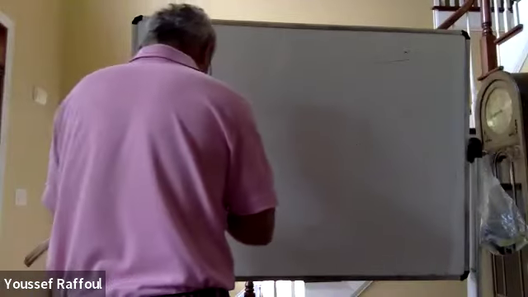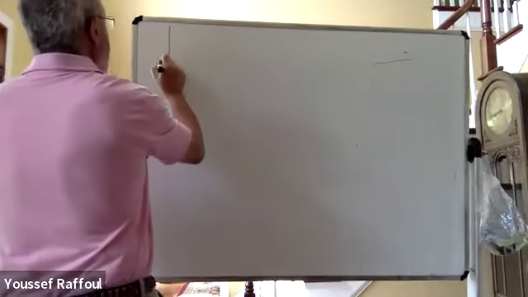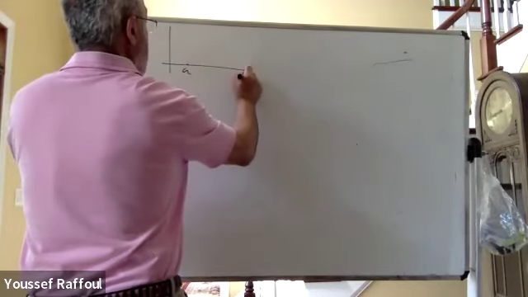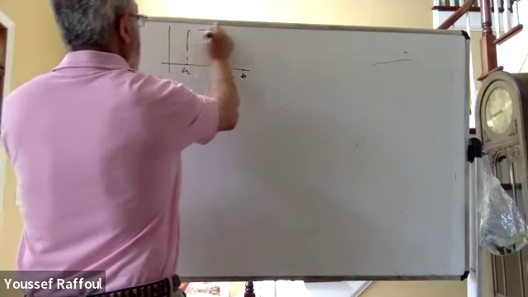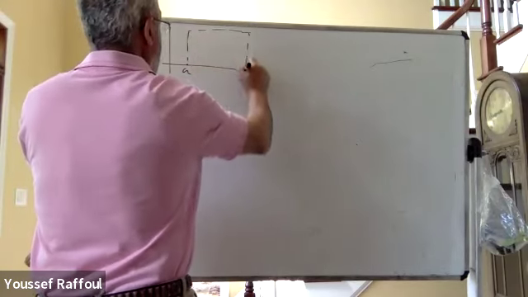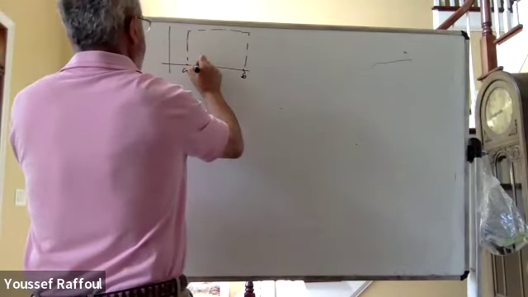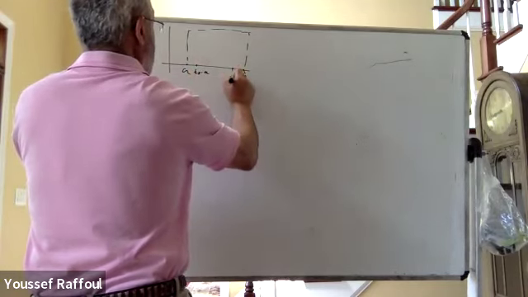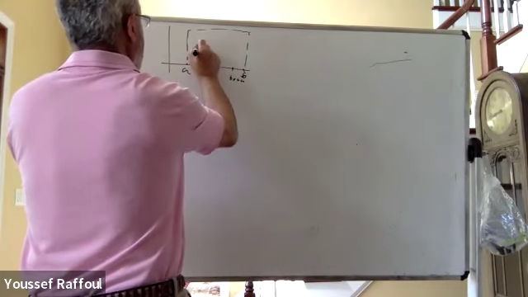All right. So here is our square. This is a, this is b, and there's another square, t0 minus a, t0 plus a.